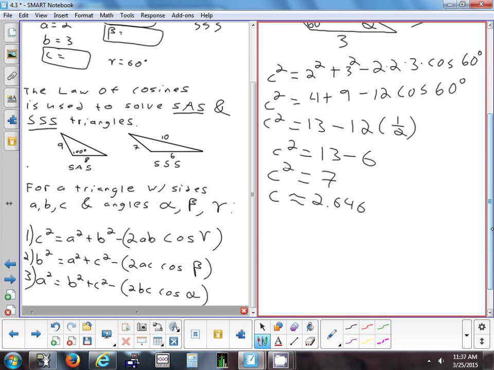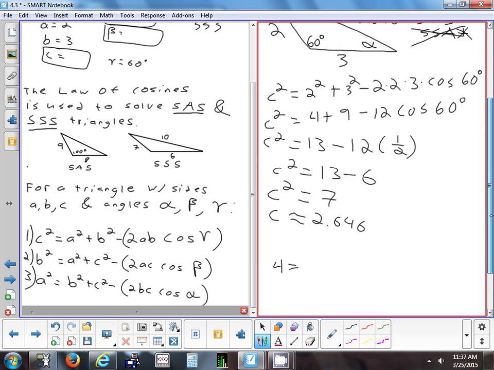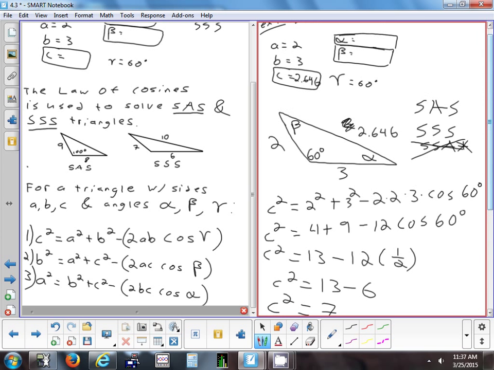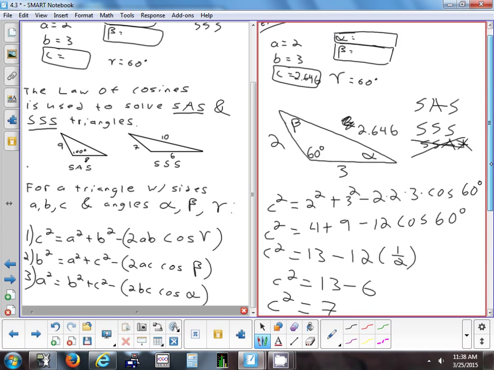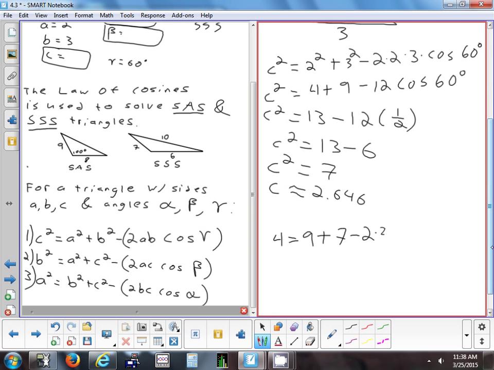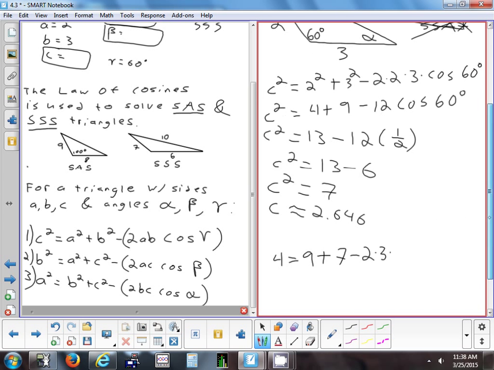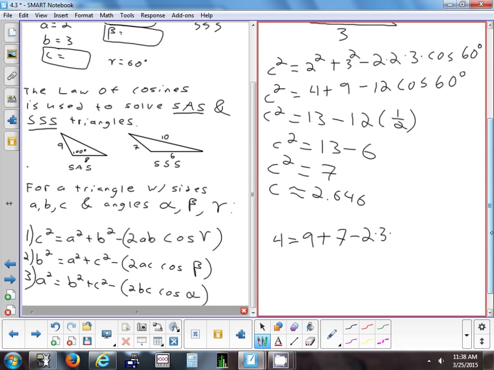Right, so a squared equals b squared plus c squared. I already know from the last problem, I did some work, and c squared was the second to last step. So it's a squared, b squared, c squared minus 2 times b times c. So 2 times 3 times c is 2.646.